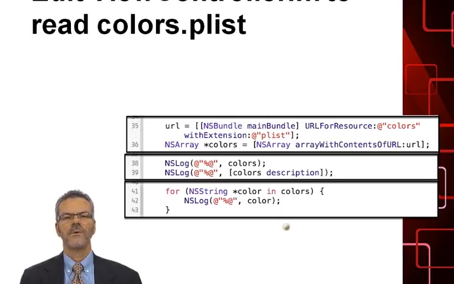Of course, what we might want to do, since we have an array, is to go through that array, and notice we can say for NSString color in colors. So what's happening here is we'll go through each color, and as it goes through the for loop, each one of the colors will be assigned the variable color, and then we will display that color on the screen as this code runs, and it does an NSLog.